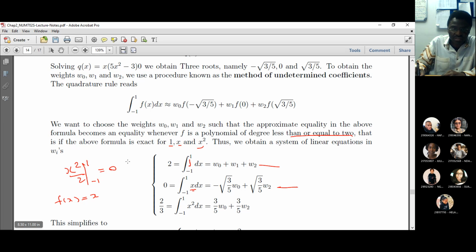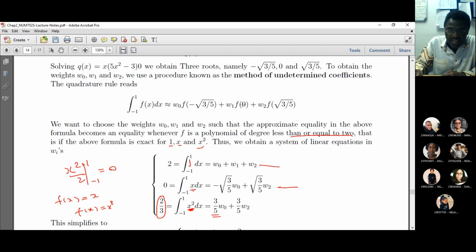Now, the last equation is when we take f of x equal to x squared. I integrate this, and the result will be that. Now I substitute: if I square this and multiply by W0, the square is 3 by 5.